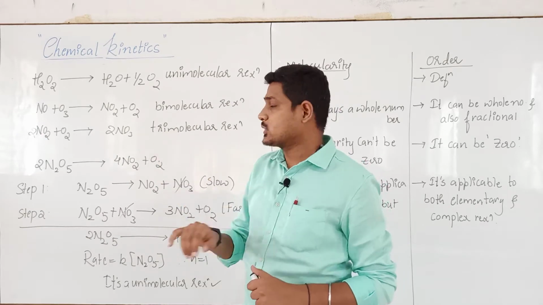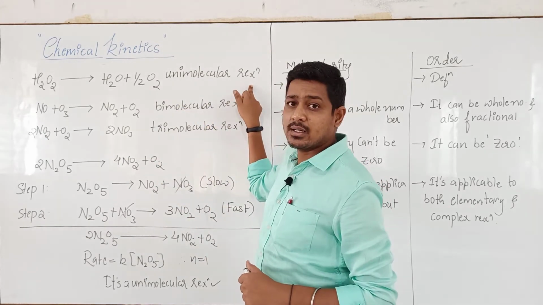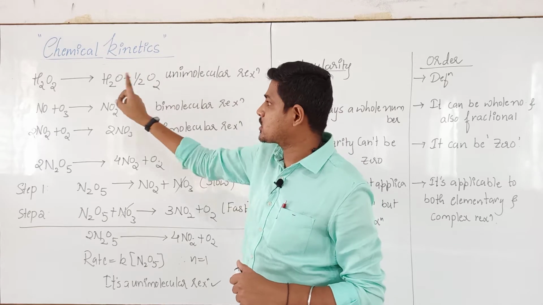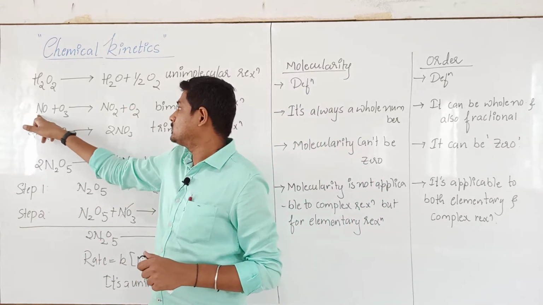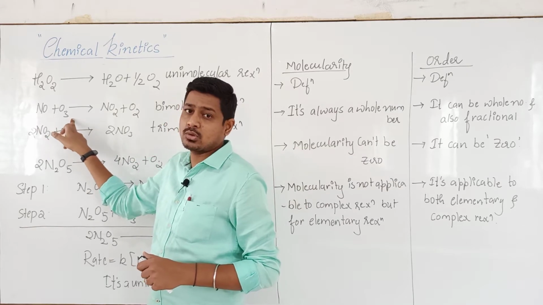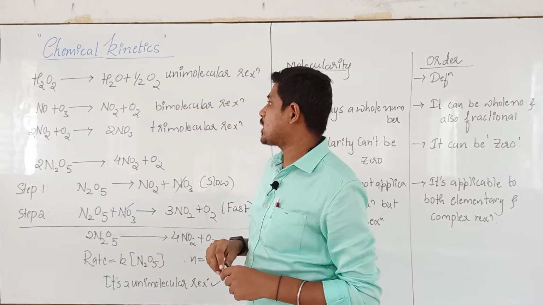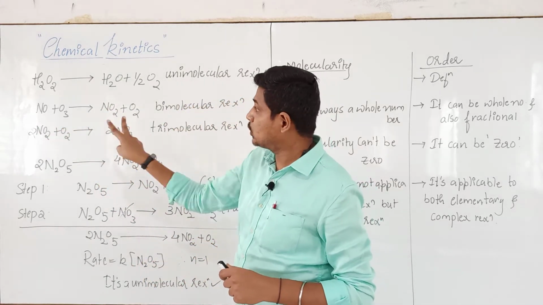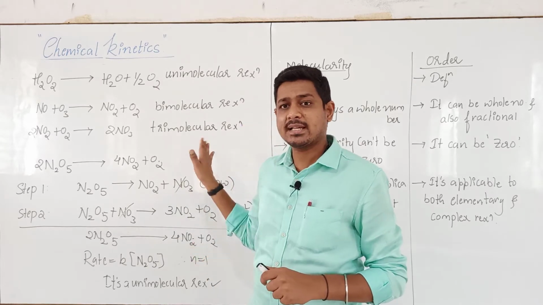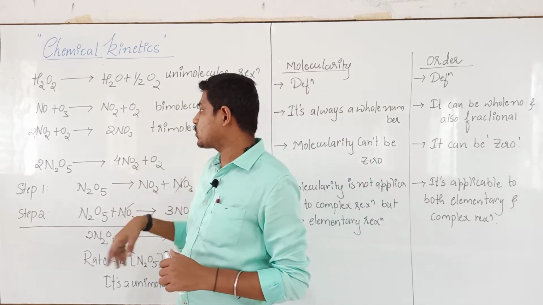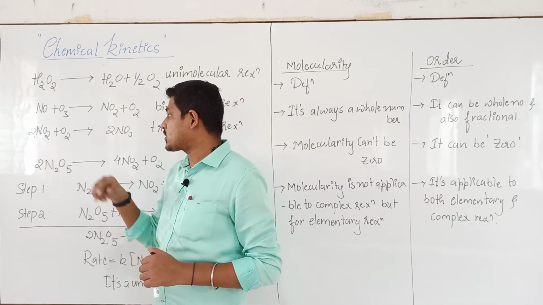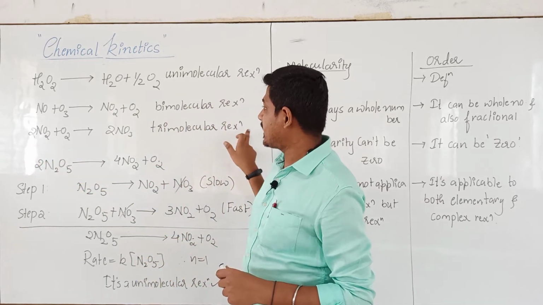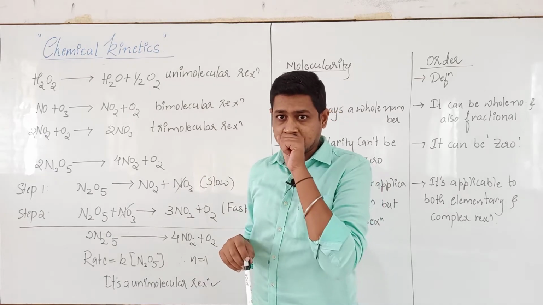It is only one, so it is called a unimolecular reaction, or molecularity is 1. In the second example, nitric oxide is reacting with ozone to give you nitrogen dioxide and oxygen. So there are 2 reactants involved, so it is called bimolecular. And in the next one, you can see there are 2 nitric oxide and 1 oxygen involved, so it is called a trimolecular reaction.